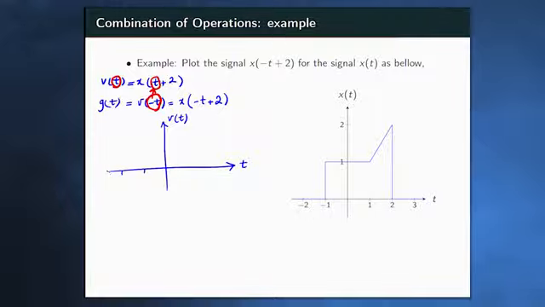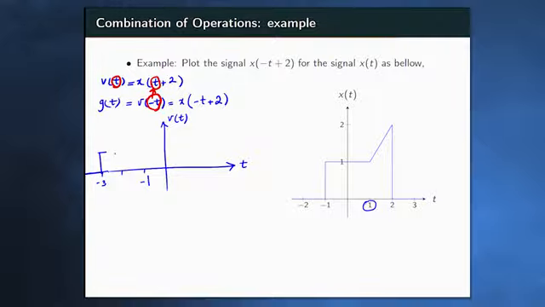So I'm going to label this one. v of t is going to be 0 for time points less than negative 3. It's going to be equal to 1 immediately to the right of t equal to negative 3, and it's going to continue until t equal to 1 for x of t. So that means it's going to continue for v of t until t equal to negative 1.